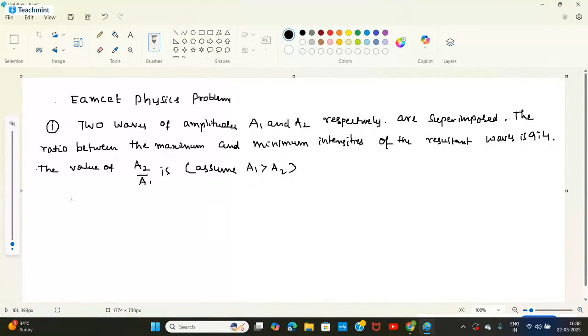The options are A 0.66, B 0.20, C 0.75, D 0.44.